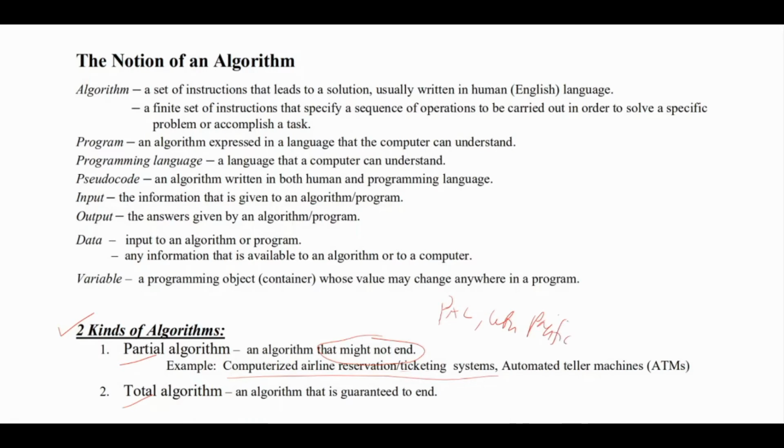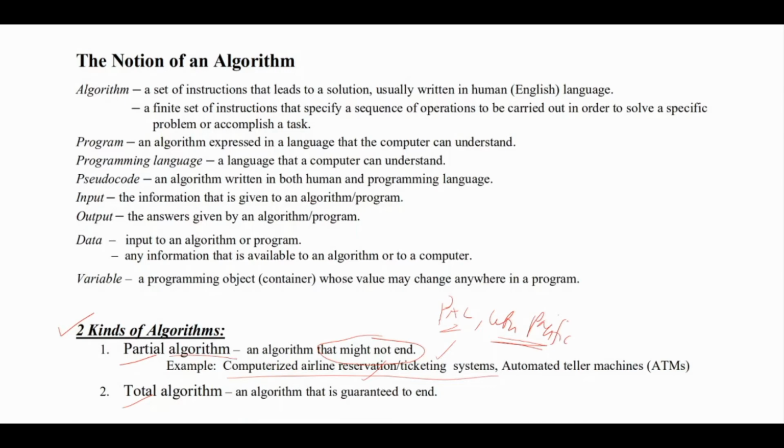You can go to the website of PAL or Cebu Pacific and make reservations or buy a ticket online. So the user can go to the website any time of the day, and therefore the program running on the browser must be available 24/7. Programs like those, the underlying algorithm, are called partial algorithm.